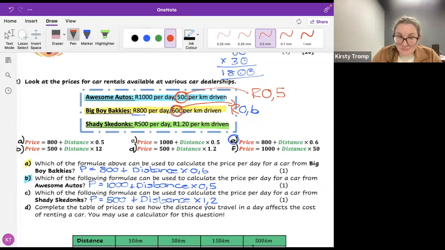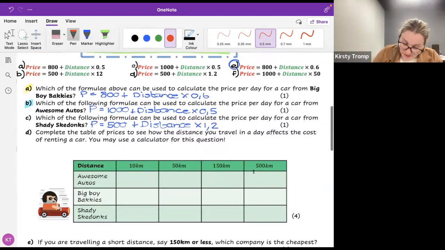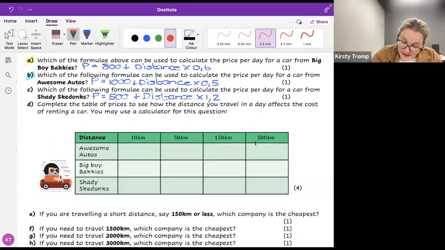All right. So moving to the next one now, it says D, complete the table of prices to see how the distance you travel in a day affects the cost of renting a car. You may use a calculator for this answer. So they're being really kind to us. They're letting us use a calculator.